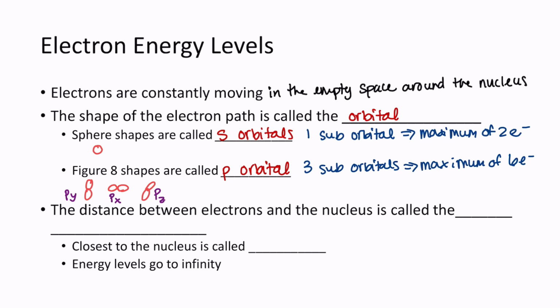Now, the distance between the electrons and the nucleus is called the energy level. There are an infinite number of energy levels.